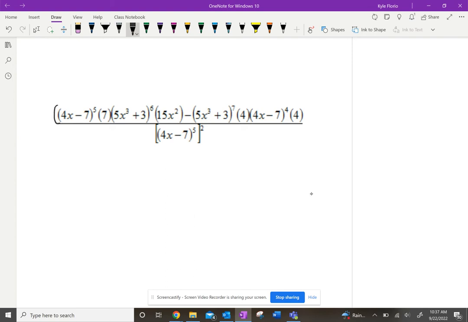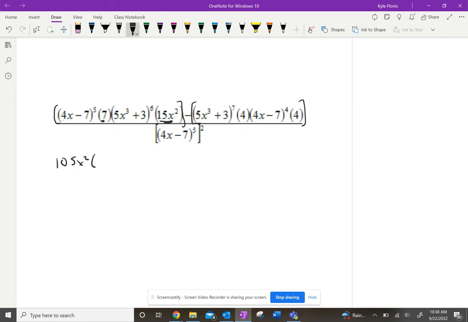So there's kind of like two pieces here, separated by this minus sign. So the first piece, I see the 7 and a 15x squared. I can just multiply those things together real easily. 70, 80, 90, I think it's 105. If I'm not mistaken. Yep. So that's going to be 105x squared.